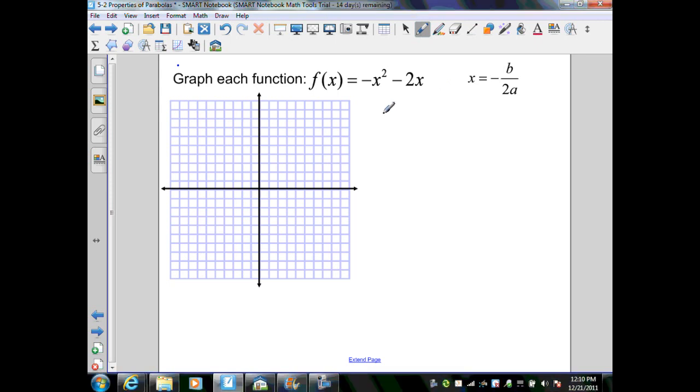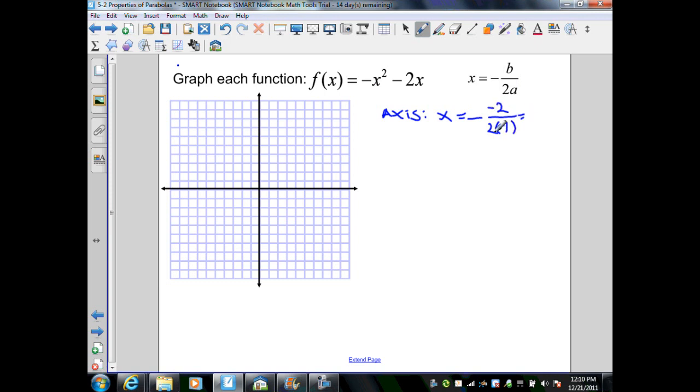So I need to find my axis of symmetry first, represented by this formula. So x is equal to negative b, b is negative 2, over 2 times a, which is negative 1.